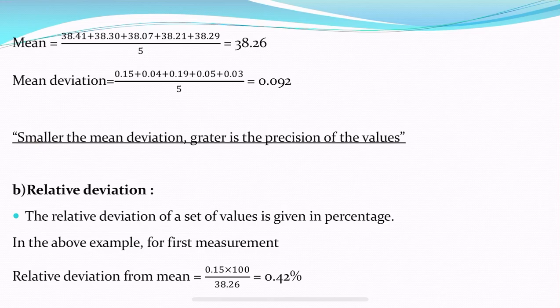I am going to stop here. We will continue in my next class with relative deviation, what is meant by relative deviation, and how we calculate or understand the range in terms of precision.